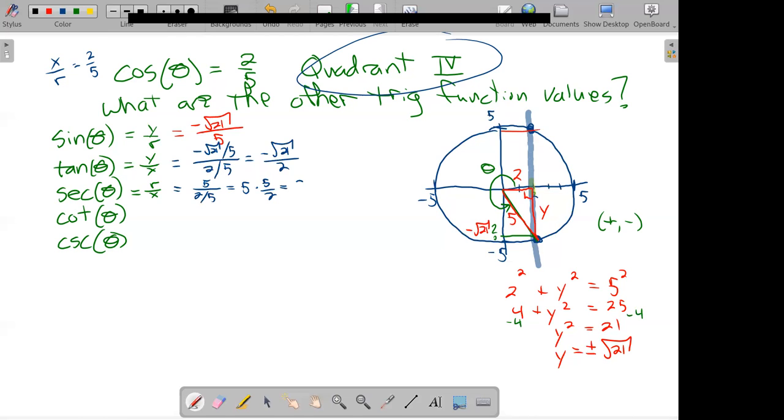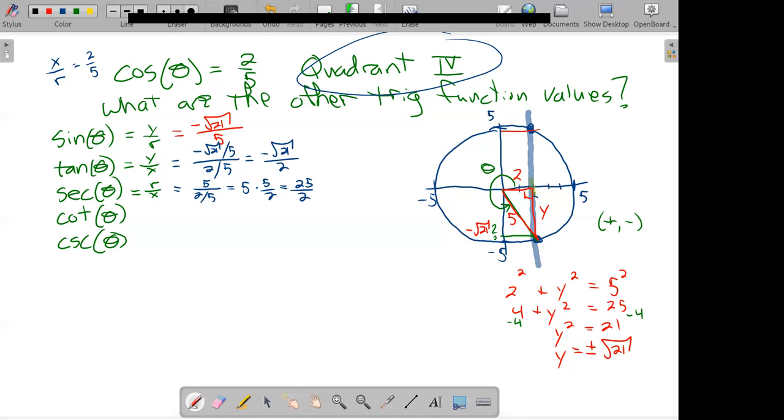So it must be 25 halves. Wait a minute, that doesn't look right. It should be 5/2. Oh, right. I switched my notation between a unit circle and this particular circle.